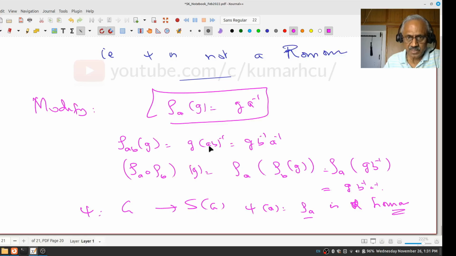But C is AB, therefore C inverse is B inverse A inverse. It's clear? Now what is rho of A composite rho of B acting on G? That is rho of A acting on rho of B acting on G. But rho of B acting on G is G B inverse. Therefore rho of A acting on that will be G B inverse A inverse. Therefore, xi is a group homomorphism.